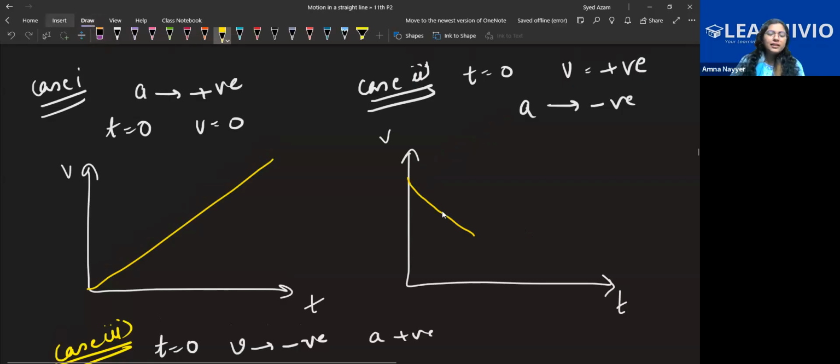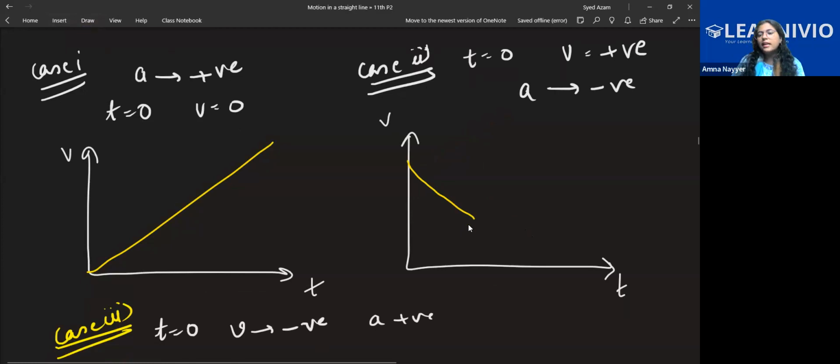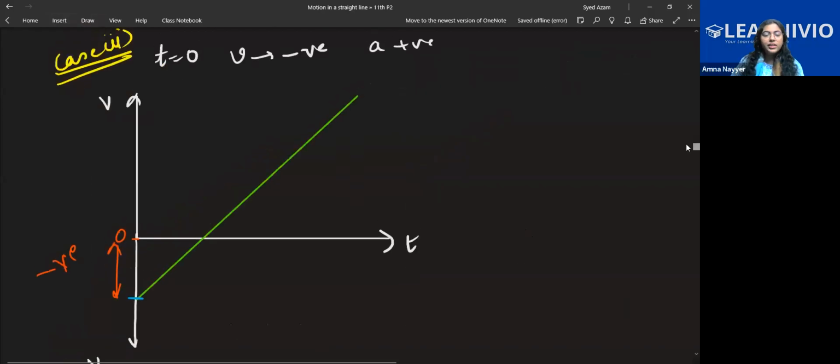What exactly is the point where it ends will be described by the question. Now, t is 0, v is negative, acceleration is positive. Velocity negative means initially there was some negative velocity, so we start from the fourth quadrant. Time was 0, so we cannot start from here.